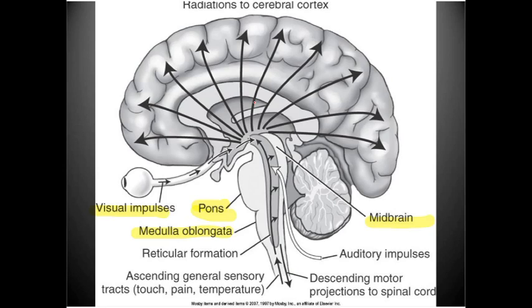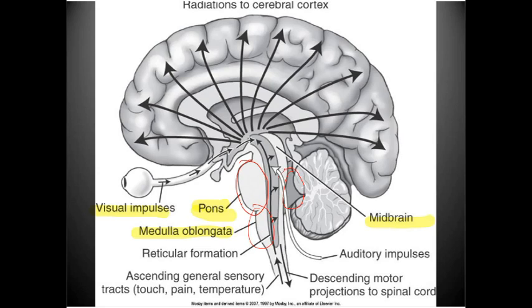So this image just kind of demonstrates to you the visual impulses, how they come in, and how they are kind of dispersed throughout the brain. But the reason I want you to understand this image is because we're looking for the layout of the brain. Here's the pons, medulla oblongata, or the pyramid.